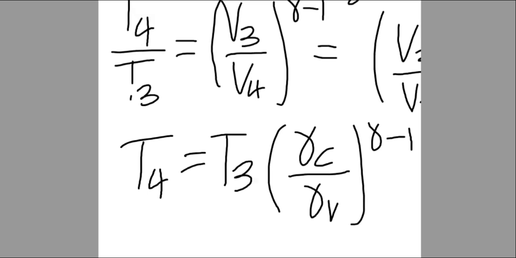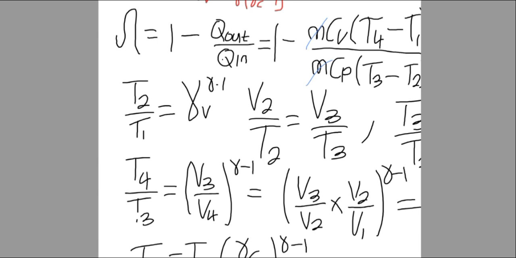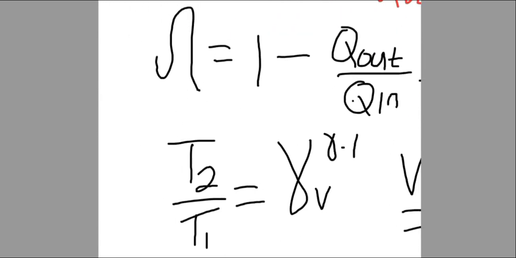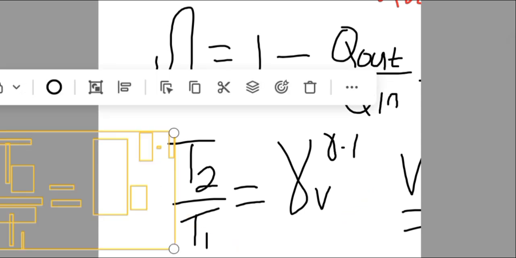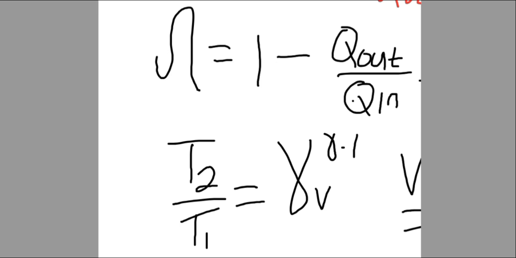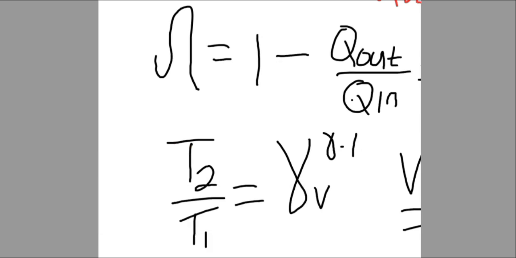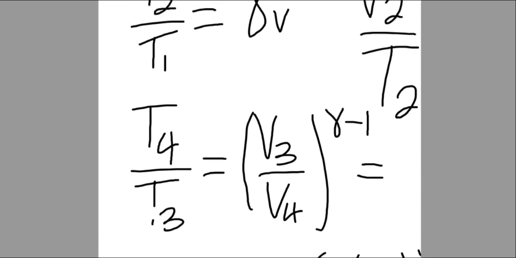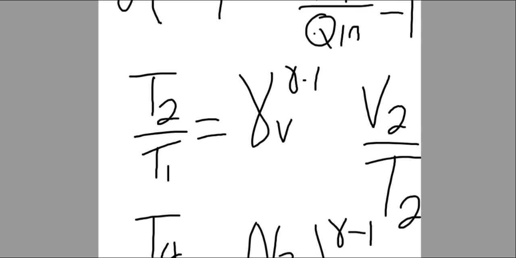From this part here, we know that T2 over T1 is equal to the compression ratio raised to power gamma minus 1. So we can just make T1 the subject of the formula here.